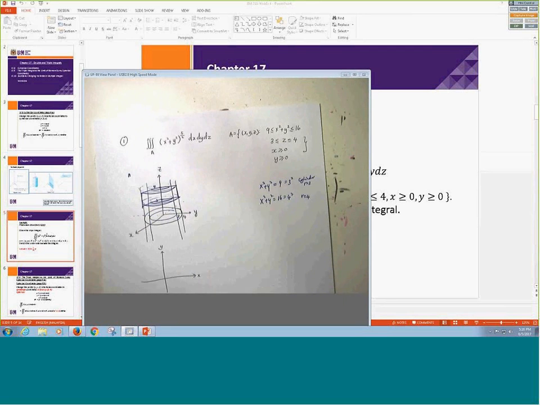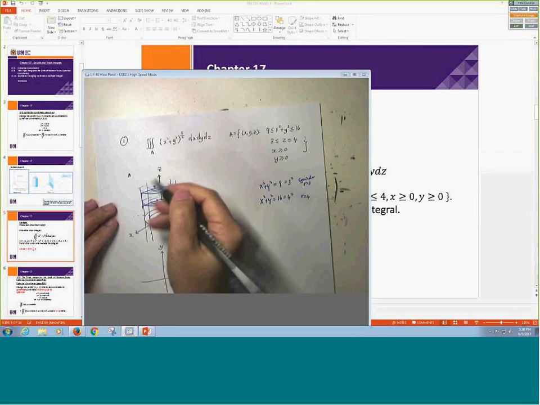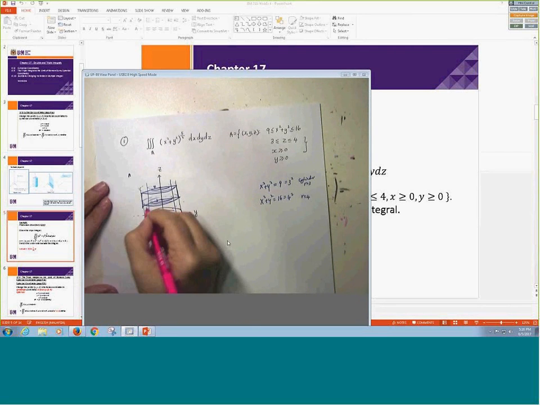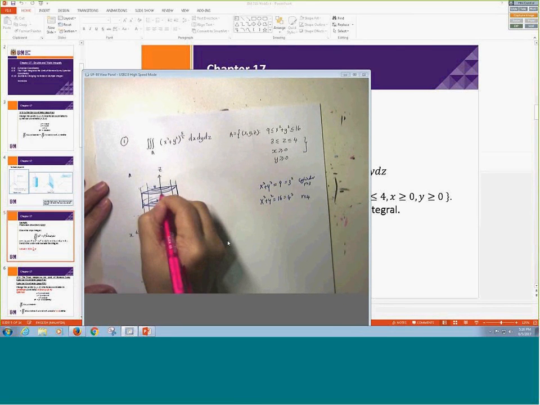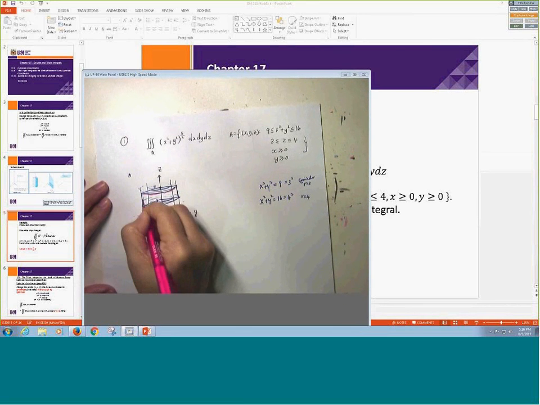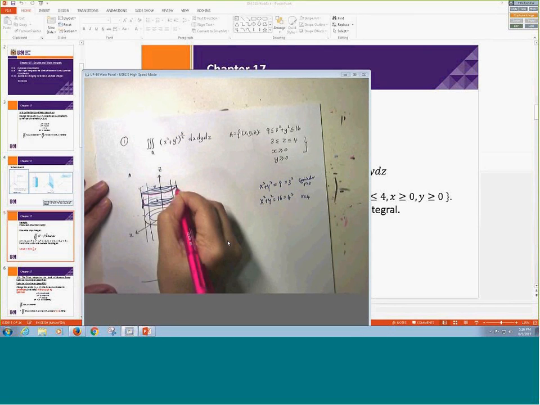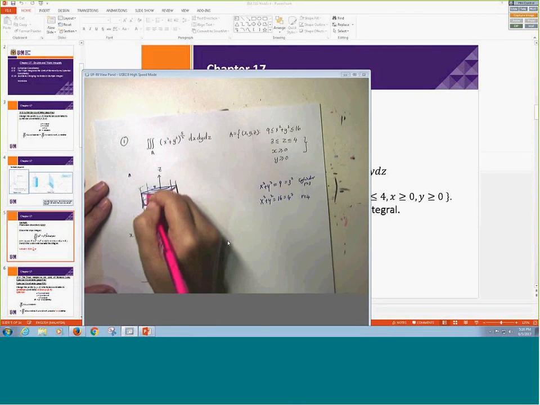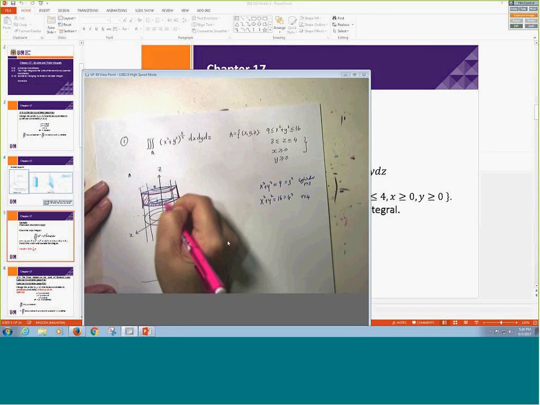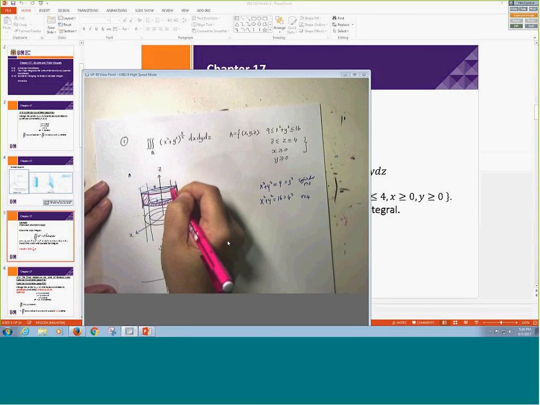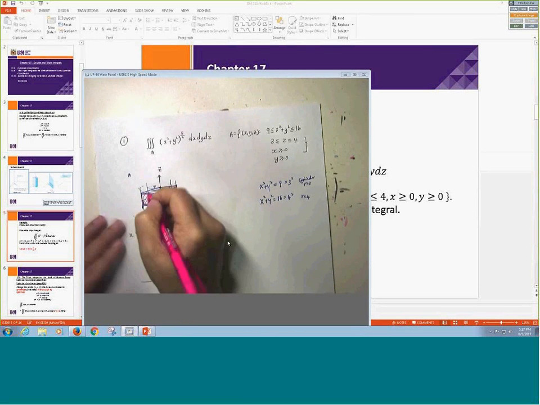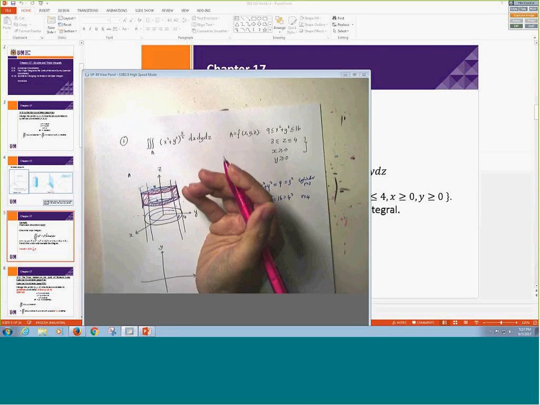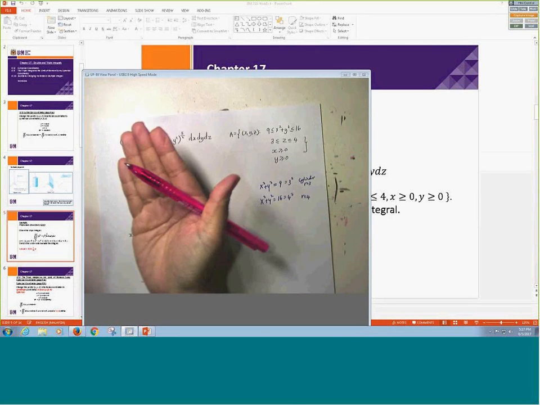To be clear, at this level, it will be the cylinder with radius R4 and R3, so the solid is in between, and it will be cut here, positive, positive.